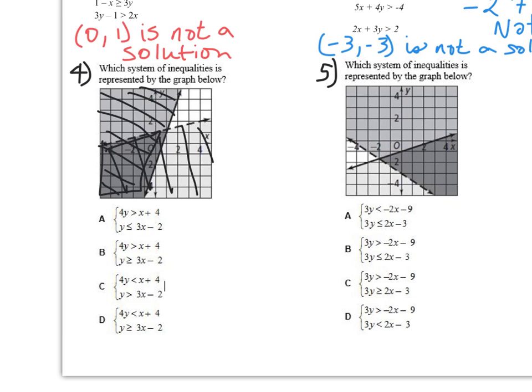Okay, so what I'm going to do is write the equation for both of these and compare it to my answer choices and see which one's true. That's one way to do it, right? Are there other ways to find the solution? Yes, definitely. Could I use my calculator and graph all 4 of those and compare? That's a good way. Could I pick a point in the solution set and plug it into all 4 answer choices?